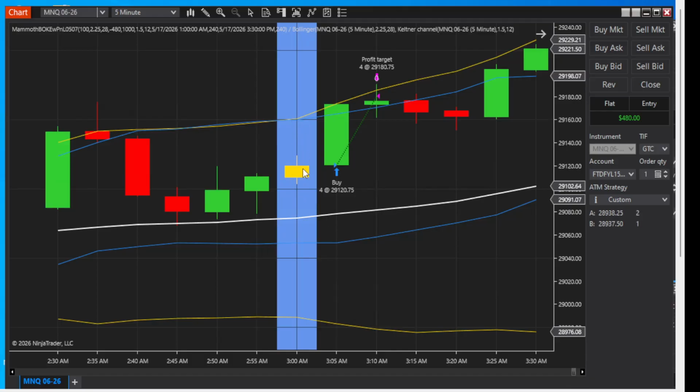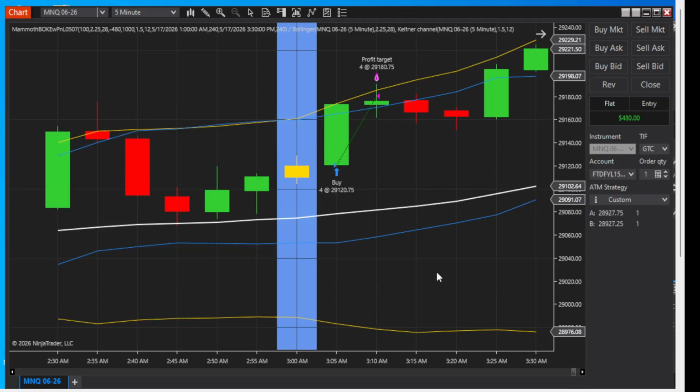Also the close of this bar is greater than the open of this bar, and the close is greater than the previous bar's close. That's why the bar is painted in gold. This is a trigger, and the entry is the opening of this bar.